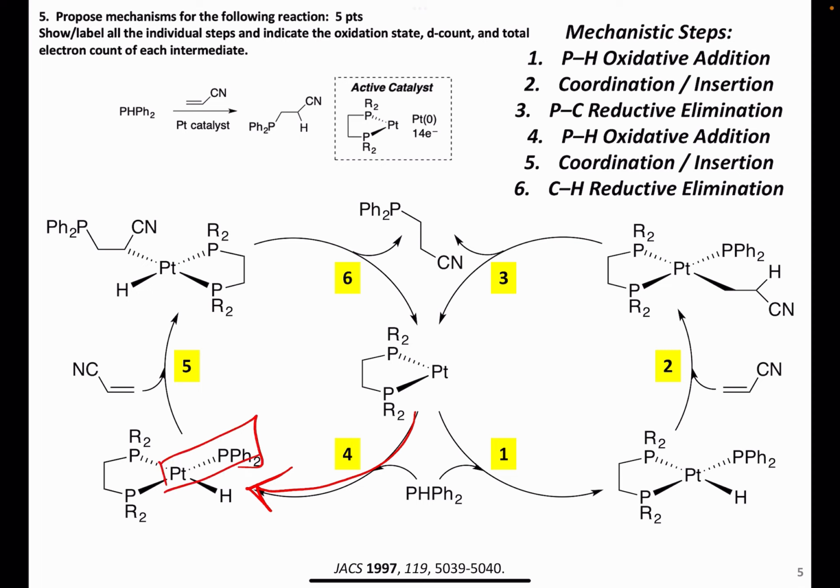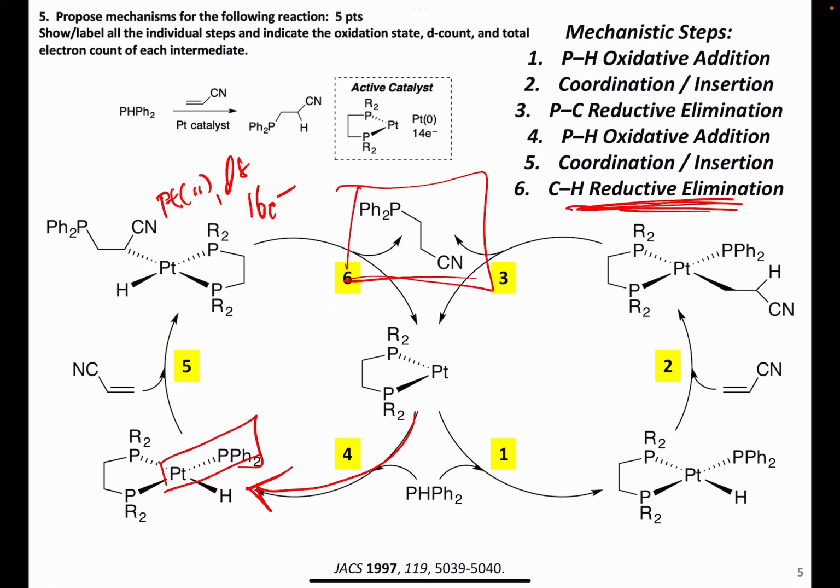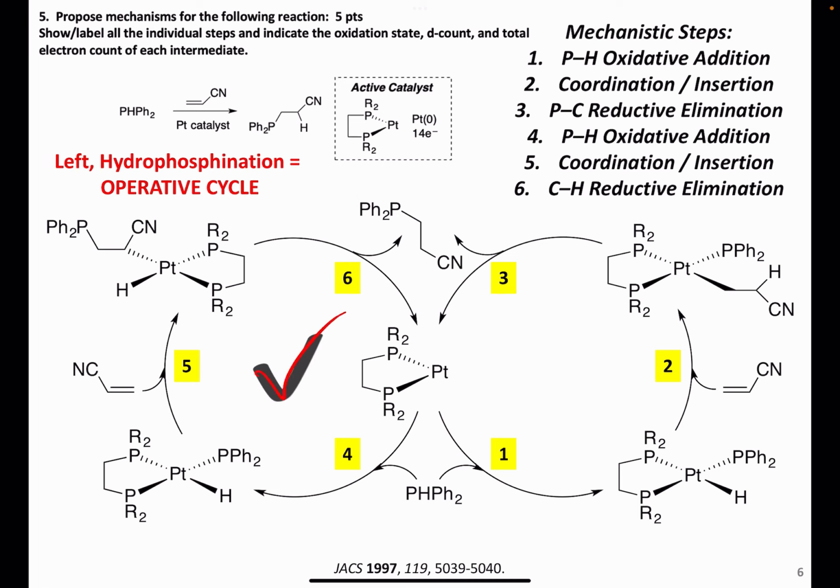When it coordinates and inserts into the platinum-P bond, you get a platinum(II) d8 16-electron compound that undergoes CH reductive elimination to generate your hydrophosphonation product and restart your catalytic cycle. And so in fact, this is how the catalysis occurs. It's in the left-hand cycle.